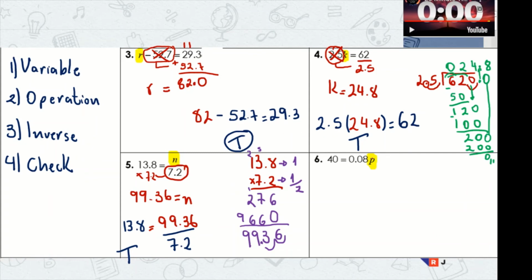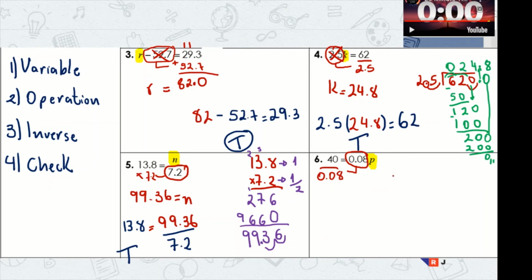It is multiplying by 8 hundredths. What is the opposite of multiplying by 8 hundredths? I need to divide. I will divide this number by 0.08. Let's do it as we did before.